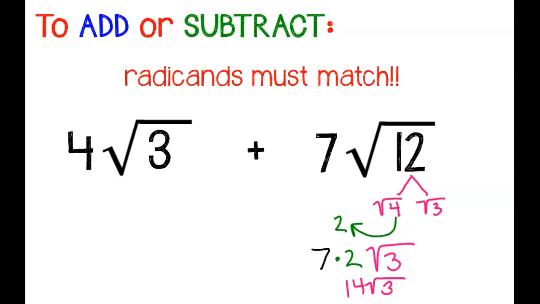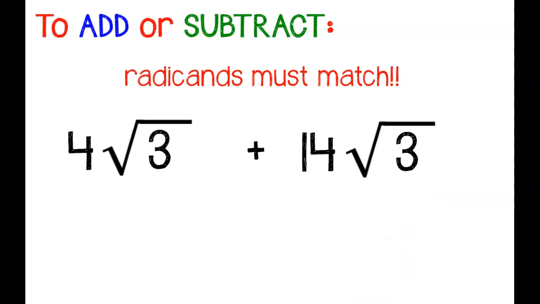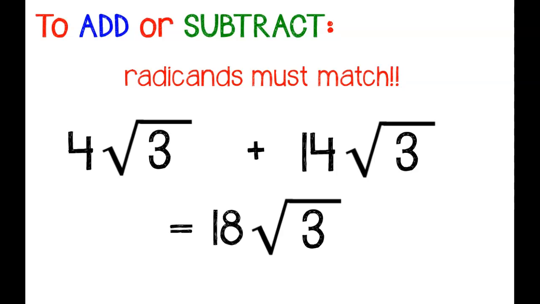So 14 square roots of 3 is what I can rename that expression as. And 4 square roots of 3 plus 14 square roots of 3 can be computed. Now I went through all that work to make those radicands match, so my answer will keep that radicand. So 4 plus 14 is 18. 18 square roots of 3 is your final answer.